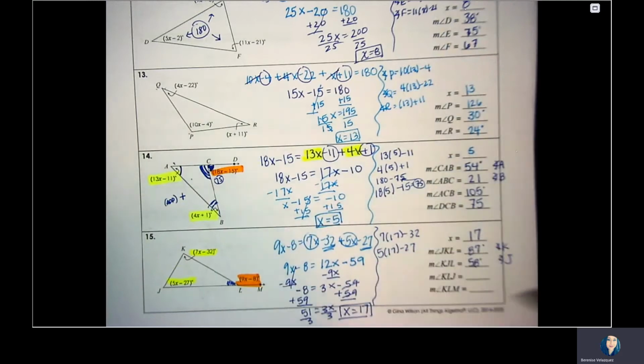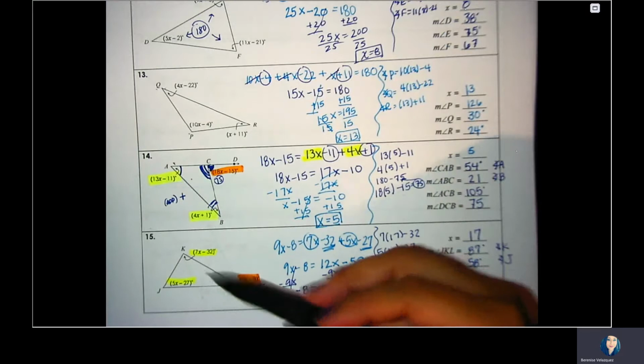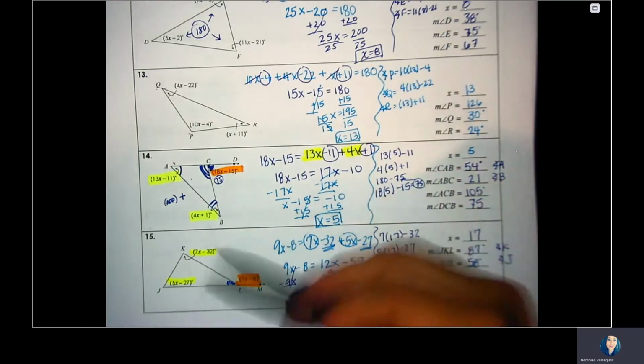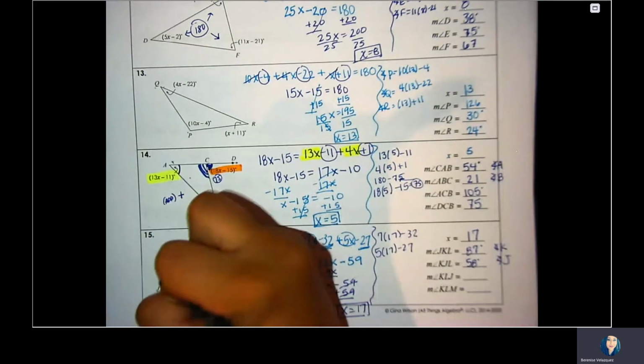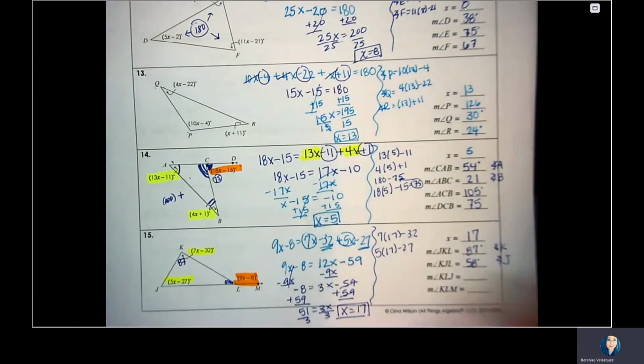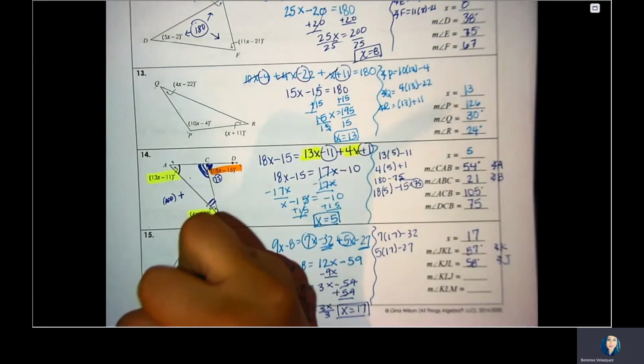On the previous one, I said find the orange piece and then subtract it from 180. So you could still do that. I'm going to go ahead and show you another way you could do this. Well, you already plugged it into these two. Let me write them in. So angle K was just 87. Angle J was just 58.